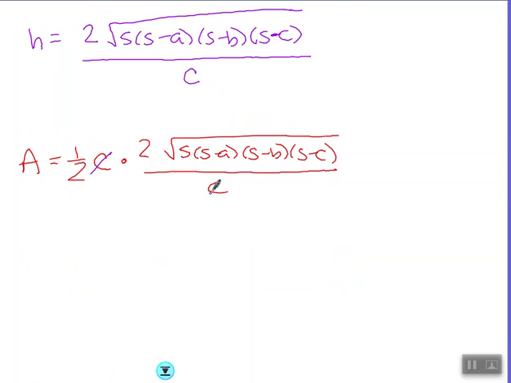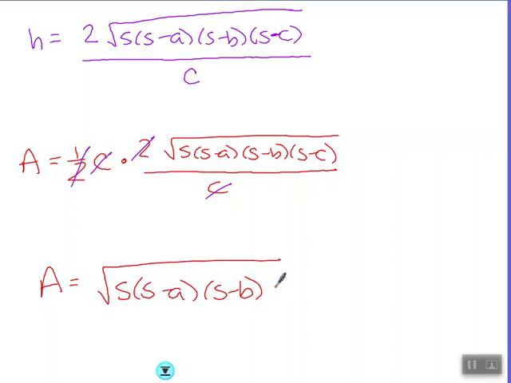Then the c and the c cancel, the 1/2 and the 2 cancel, so we get that the area equals the square root of s times s minus a times s minus b times s minus c, which is Heron's formula.